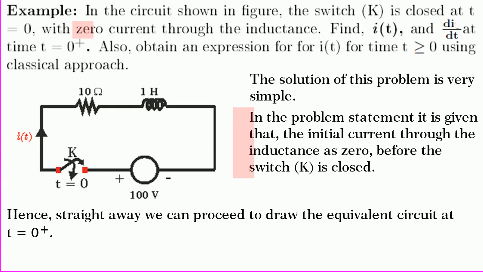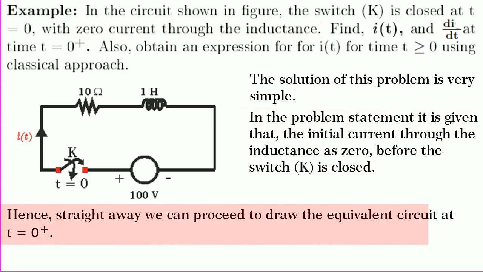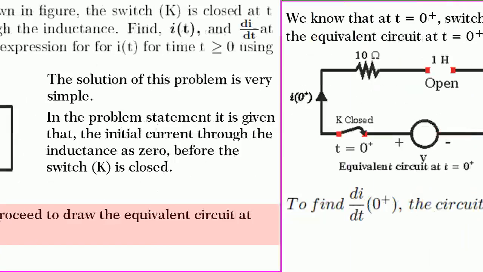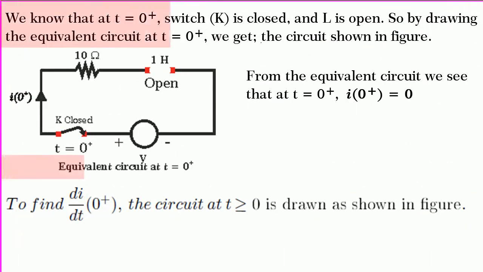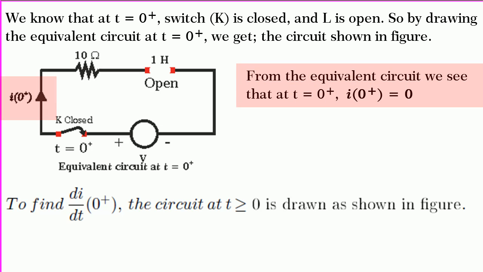Note that in the problem statement it is given that the initial current through the inductance is 0. Hence, straight away we can proceed to draw the equivalent circuit at t is equal to 0 plus. We see that at t is equal to 0 plus, switch K is closed and L is open. From the equivalent circuit, we find that I of 0 plus is equal to 0.